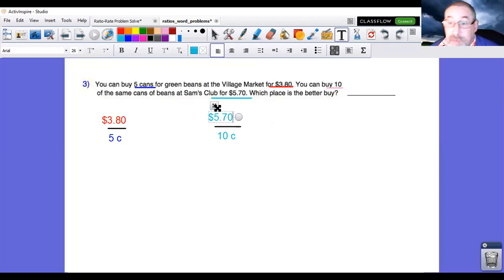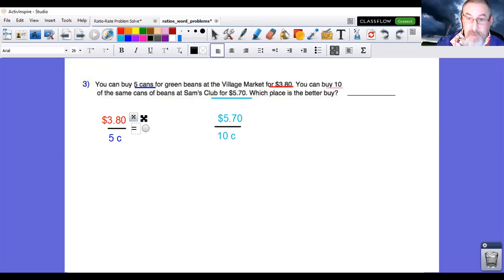So $5.70. And we are simply going to calculate the unit rates by dividing. So $3.80 divided by 5 gives me 76 cents per can. Make sure I did that right.